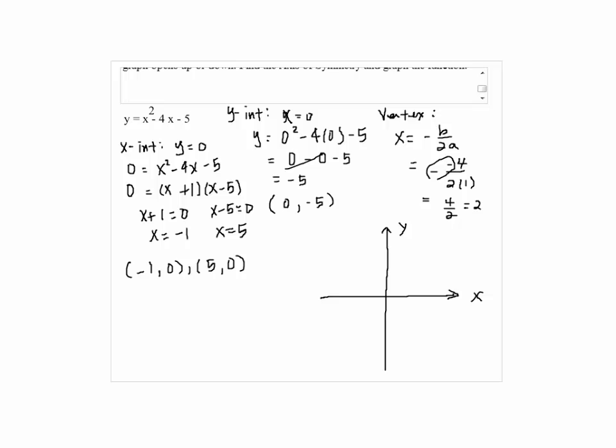To find the corresponding y, we have to substitute the 2 into the original function. So y equals 2 squared minus 4 times 2 minus 5. So it will be 4 minus 8 minus 5, which is negative 9. So the vertex will be 2 comma negative 9.